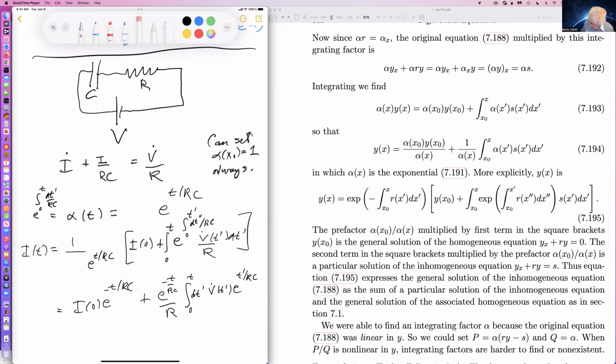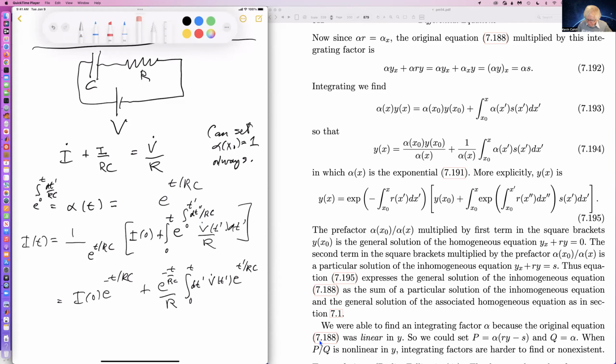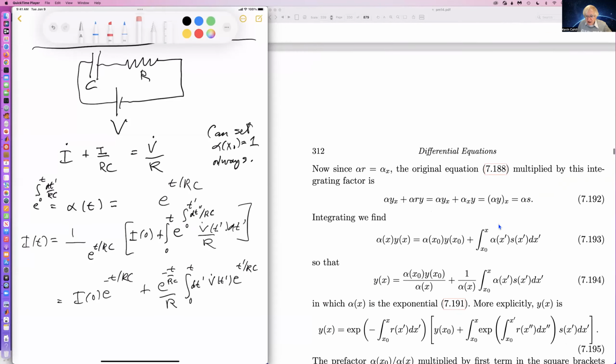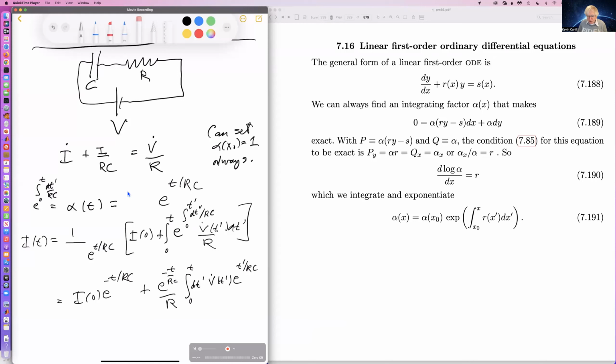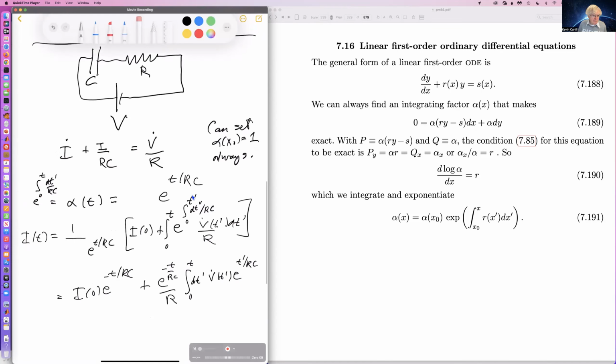So to start, your equation here is I dot plus I over RC is V dot over R. And so then alpha, you see, alpha is the integral of r, and this function r is just 1 over RC, so alpha is just e to the t over RC.